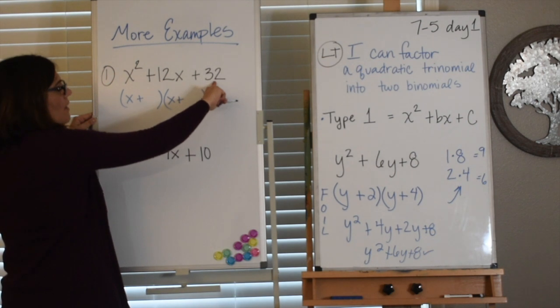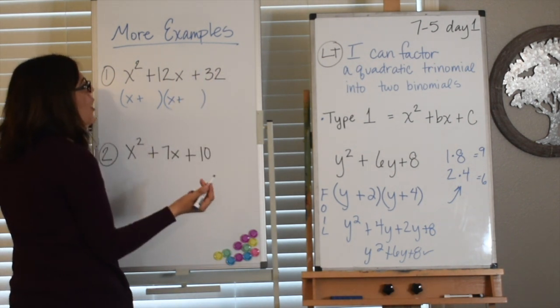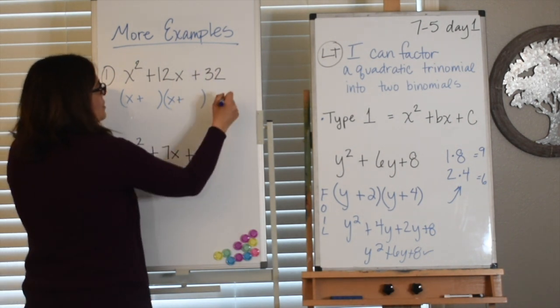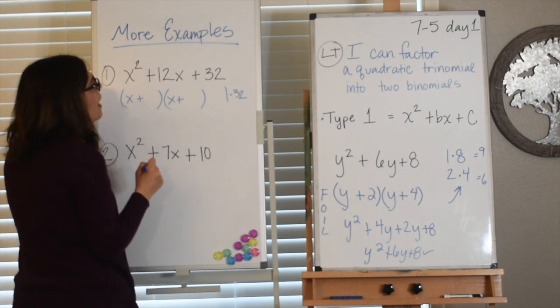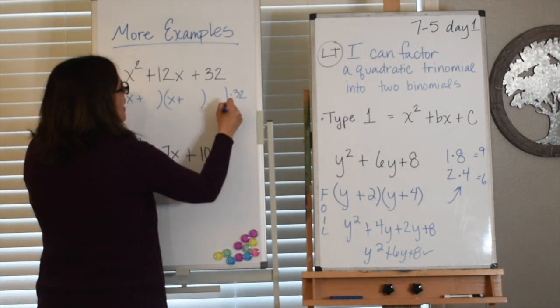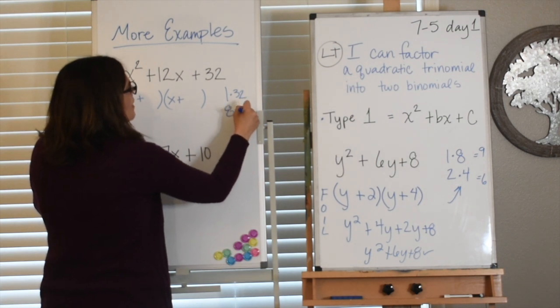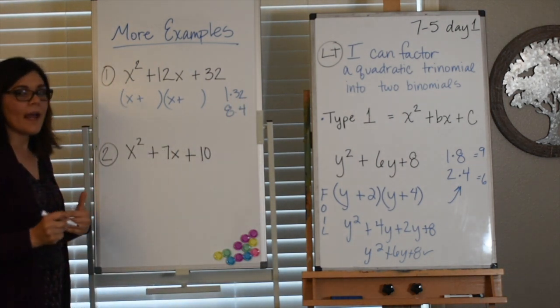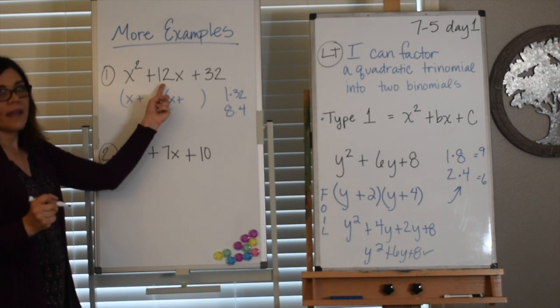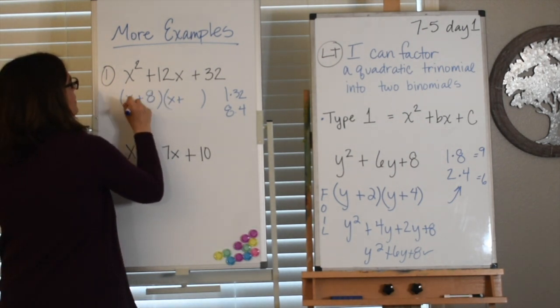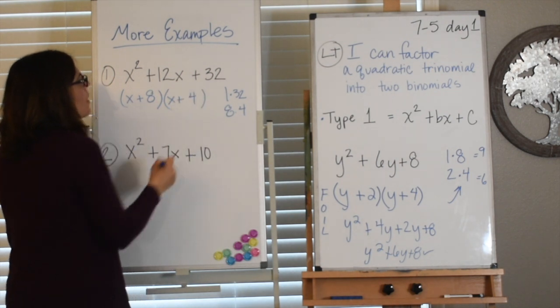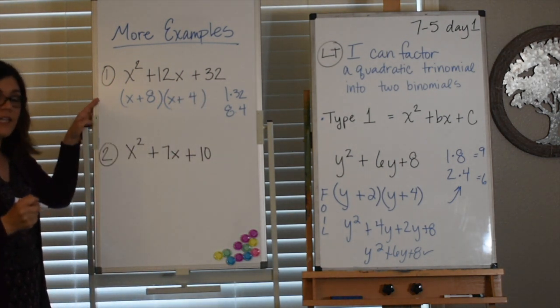And then I'm going to look at 32, and I'm going to look at what are my factor pairs of 32. Well, 1 times 32 is 32. Oh, look, 8 times 4 is 32. And when I add those together, that makes 12 in the center there. So x plus 8 and x plus 4 would be the correct combination.